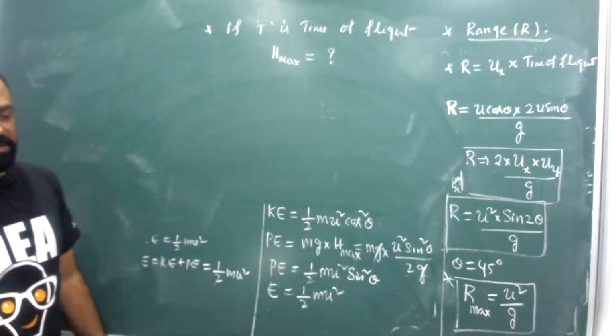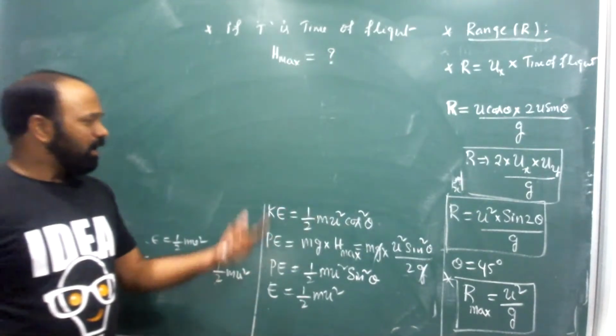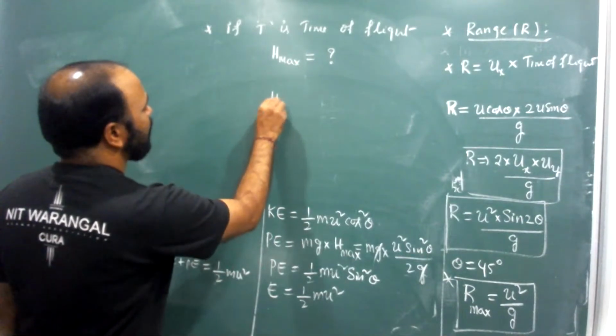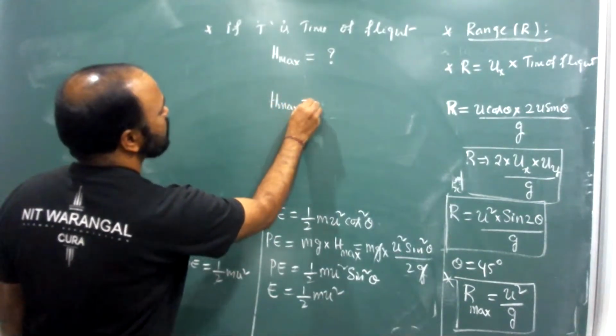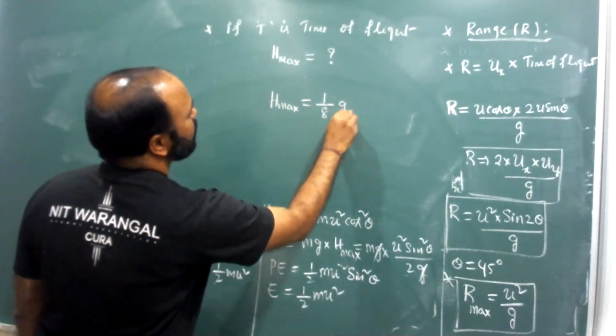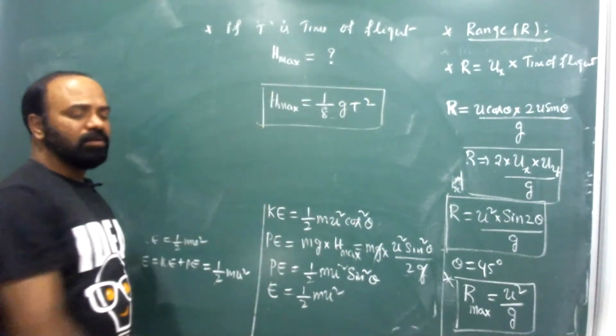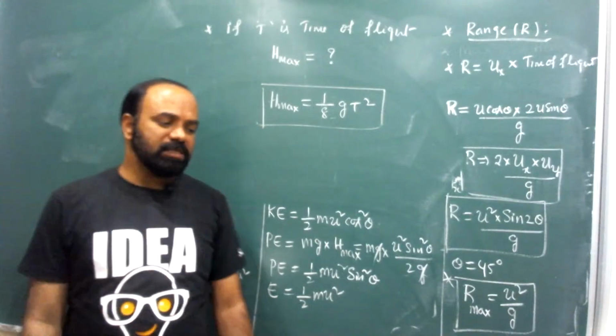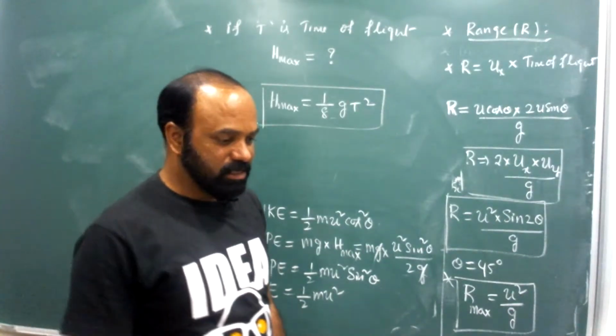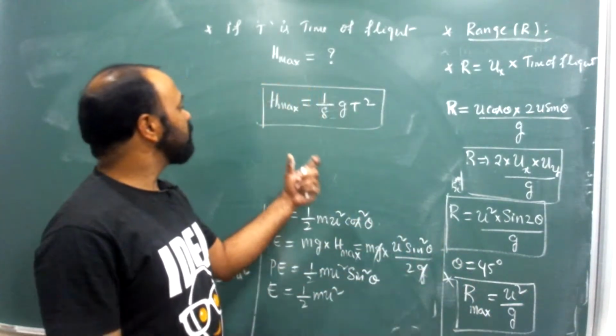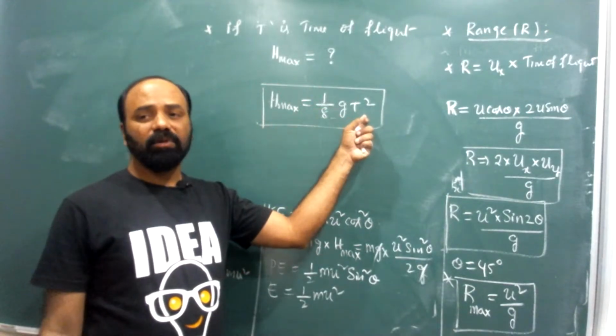I will write like this: H maximum is equal to 1 by 8 g T square. This is the shortcut formula. This is the relation between maximum height and time of flight.